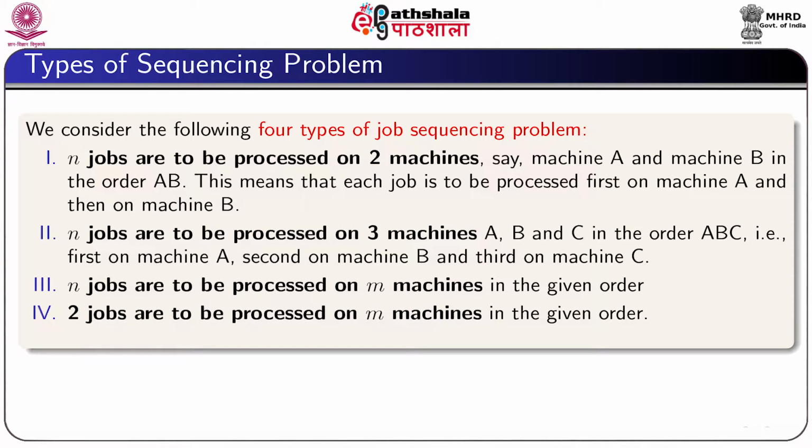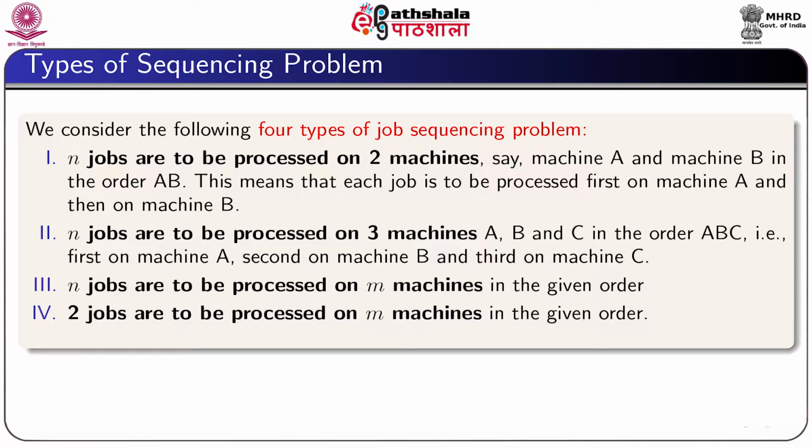Types of sequencing problems. Various types of job sequencing problems arise in the world. All sequencing problems cannot be solved. Here we consider the following 4 types of job sequencing problems.